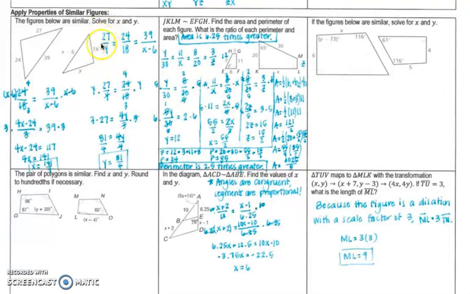Here, I know that 27 corresponds to Y. I know that the side that's 24 corresponds to the side that's 18, and then 39 corresponds to X minus 6. All of these ratios have to be equal in order for the triangles to be similar, and because I already know they're similar, I know that they're equal.